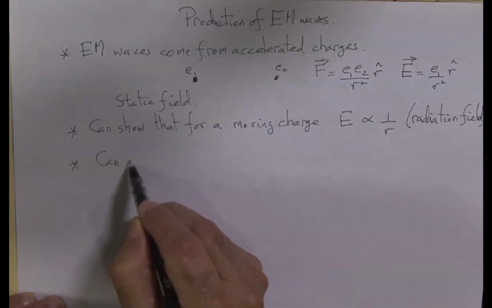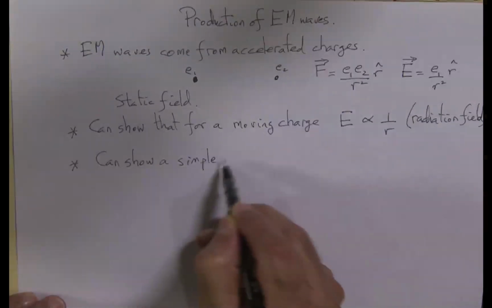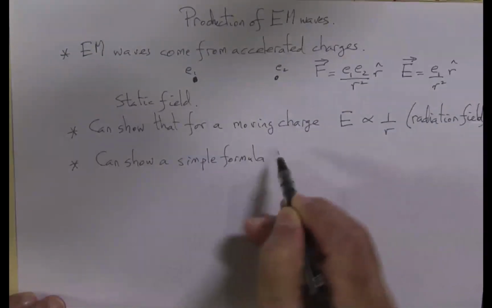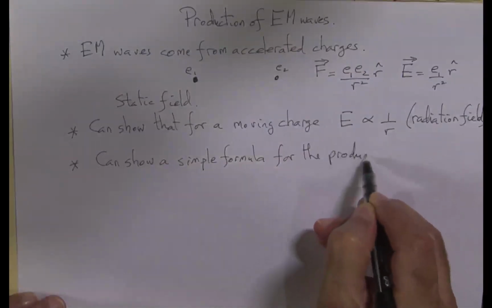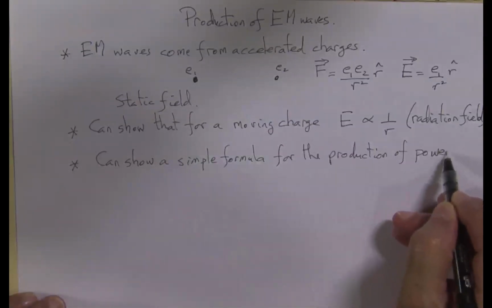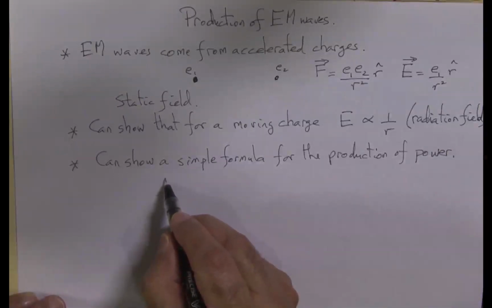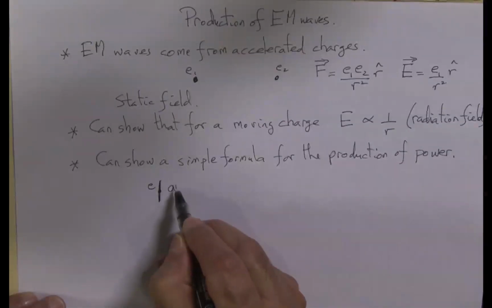You can show a simple formula that holds for the production of power. So if P is the power that is radiated by an accelerated charge. So suppose there's this charge over here, let's call that e, and that charge accelerates. And its acceleration is in some direction with some magnitude.